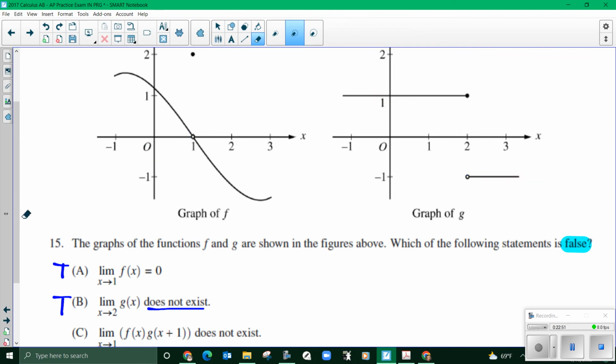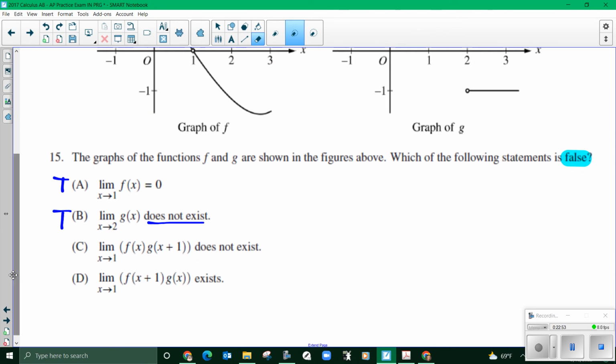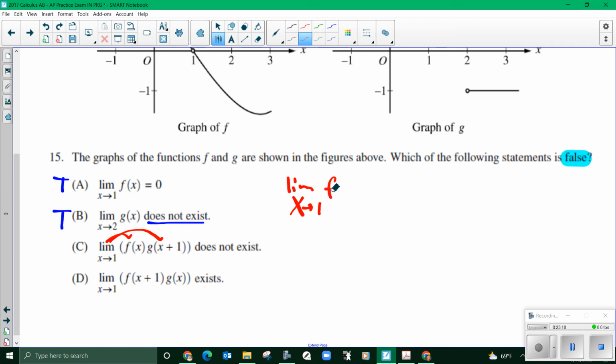Bam. C says, okay, the limit of f of x times g of x plus 1 does not exist. Ew. All right, well, let's use some of our limit rules here. If I'm multiplying two functions, I can take the limit of both of them individually and then multiply it. Kind of like distributing, not really, but kind of. The limit as x approaches 1 of f of x, all right?